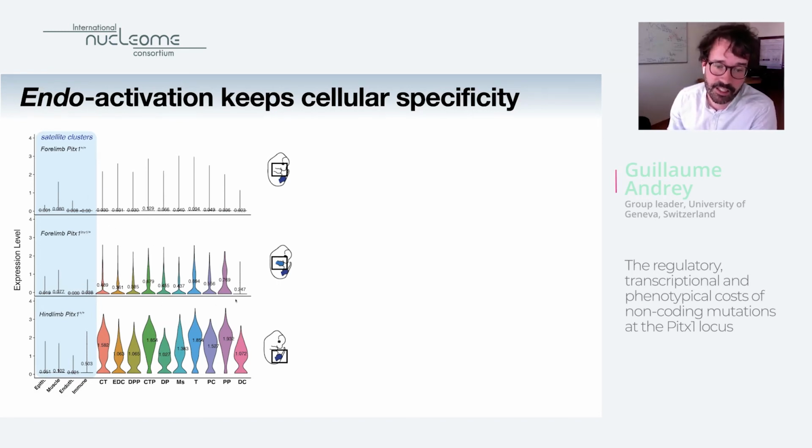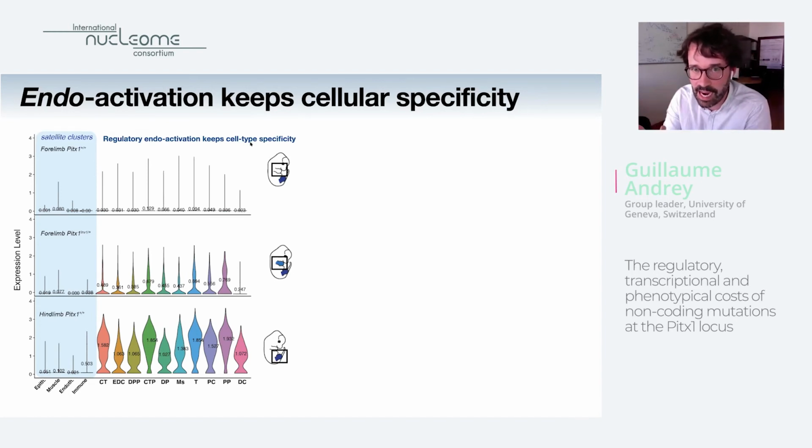These clusters that are expressing Pitx1 are actually identical to the clusters that express Pitx1 normally in the hind limb, right? And this is probably why this regulatory endo-activation keeps the cell-specific activity and produces a phenotype.